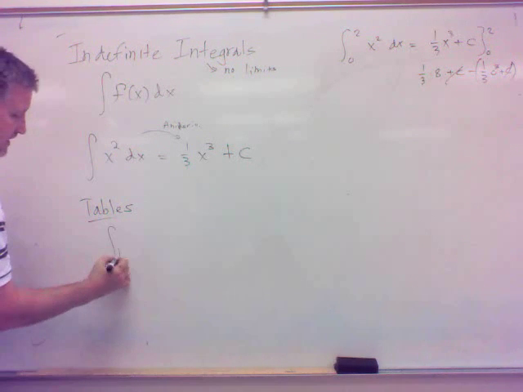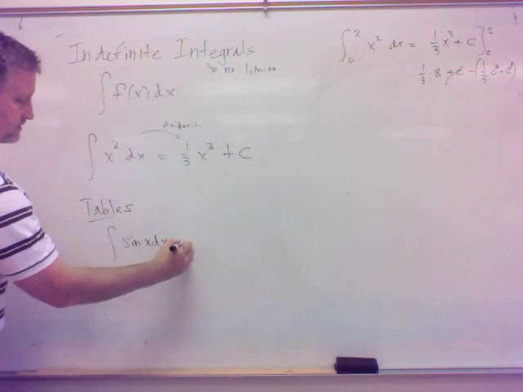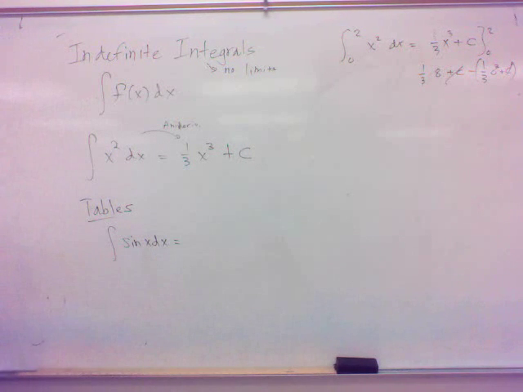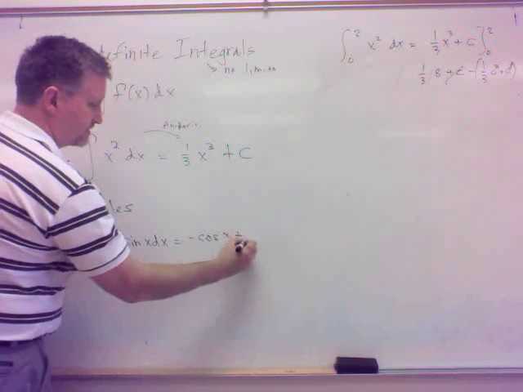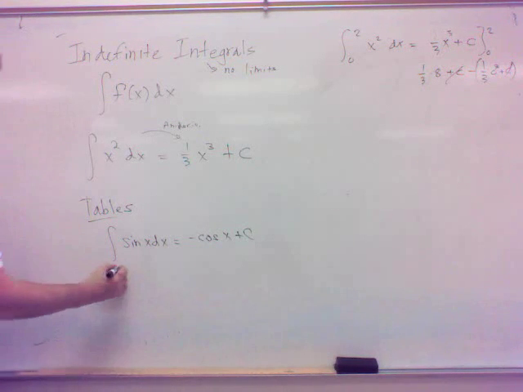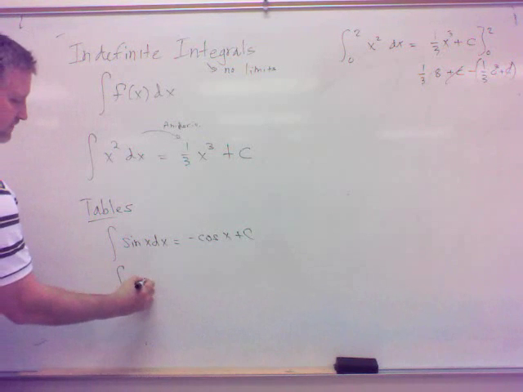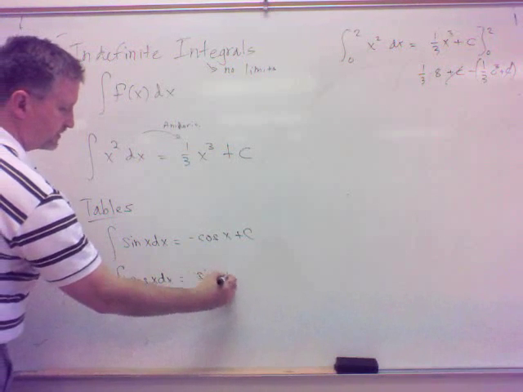We have the table of the trig functions, the integral of sine of x dx. Well, it's really just a table of antiderivatives, right? That's what it is. Negative cosine of x plus c would be the indefinite integral of sine of x. Cosine of x dx would just be sine of x plus c.